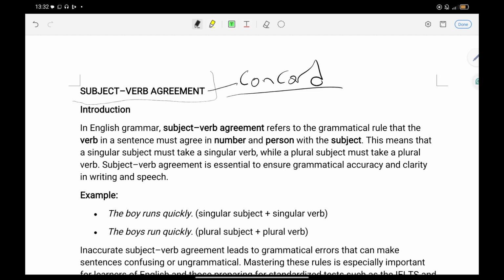Now, in the English language, we have the simple grammatical rule that the verb must always agree in terms of number and person with the subject. The verb must always agree in the sense that if the subject takes a specific form, by subject we mean noun or pronoun. Subject here just means noun or pronoun.